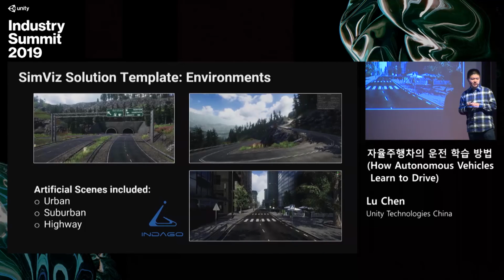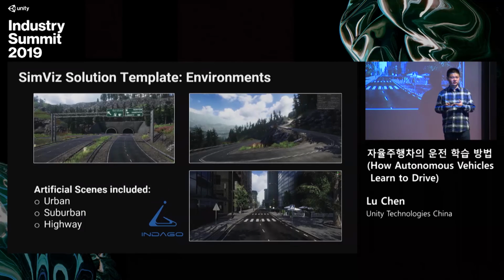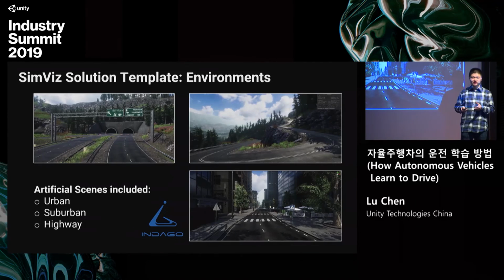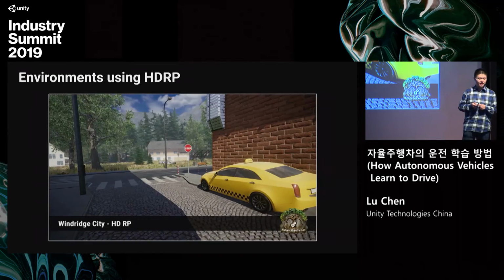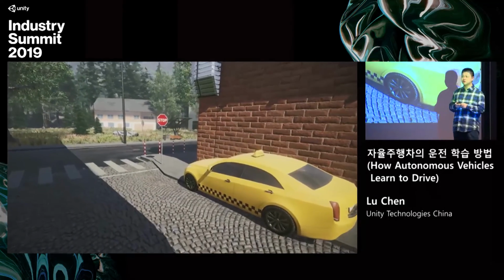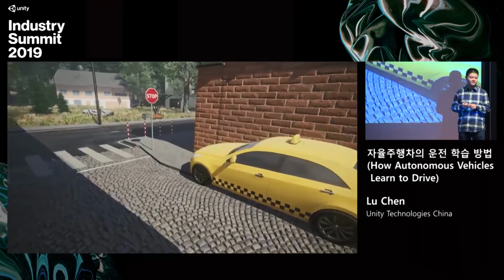We also include three artificial environments for starters, things you can leverage for beginning your simulator work. And they cover urban, suburban, and highway, which are very typical for autonomous vehicle development. And here is a video showing one of them.